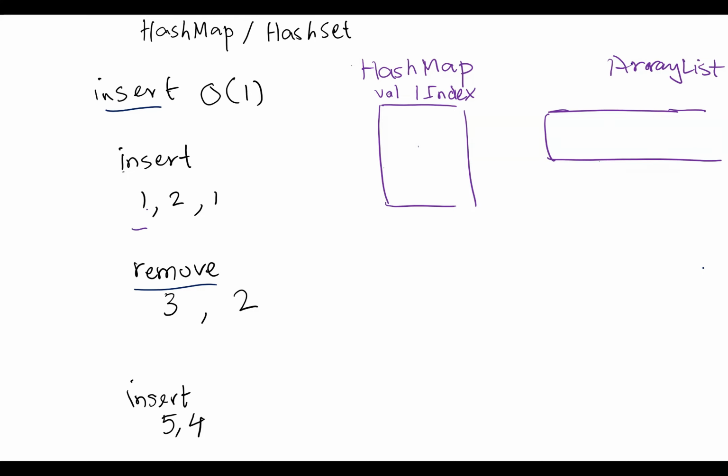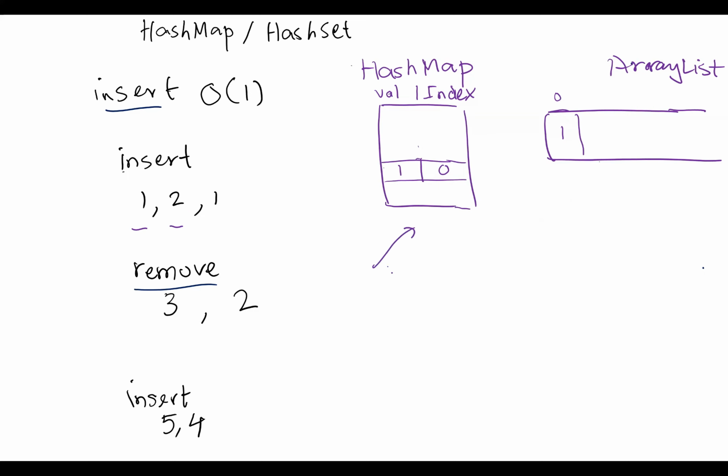So first I want to insert 1. What I do is I first go to the hash map and ask, hey, do you already have 1? No, it doesn't have 1. So I just go here and add 1. I know that the index is 0, and I add that value 1 and the index in the hash map, right? Okay, so everything is done in order of one time, right? Next, 2.